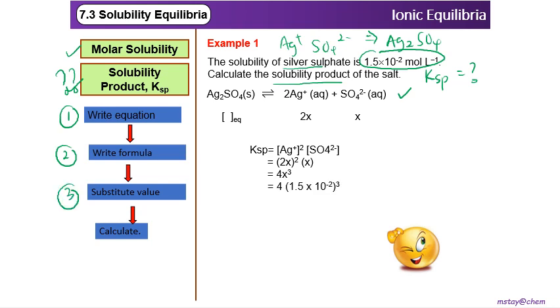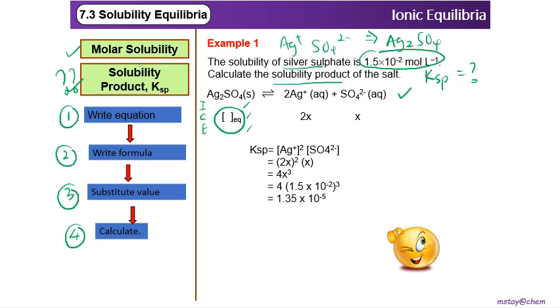And then calculate the answer. So we already wrote the equation. Based on the ICE table, we only focus on the concentration at equilibrium, because silver sulfate is a solid, so we will not involve it in the ICE table.